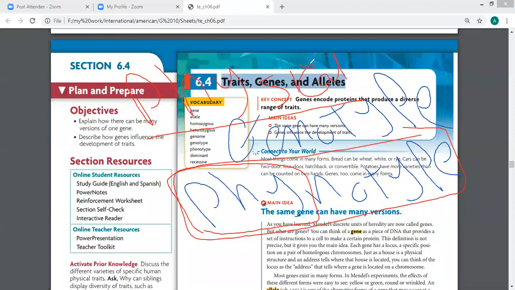So these are the physical expressions, or the phenotype, which is about the characteristics. What about the genotype? The genotype is a set of genes in DNA, or letters, that represents the phenotype.